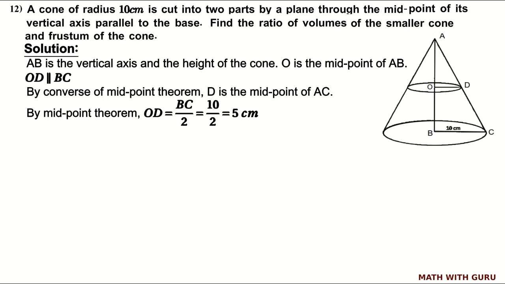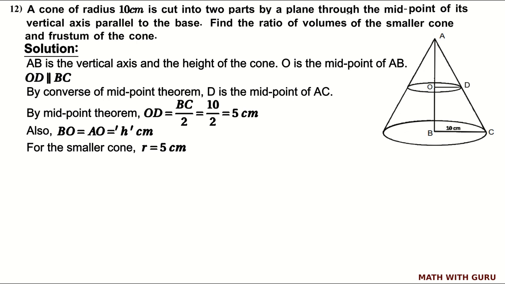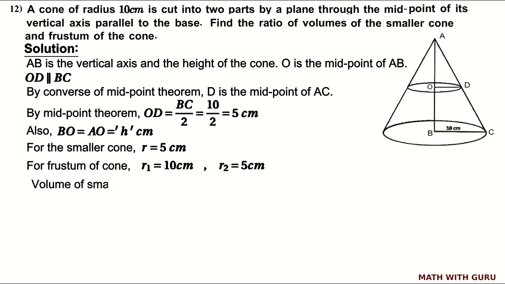By midpoint theorem, OD equals BC over 2 equals 10 by 2 equals 5 centimeters. Also, BO equals AO equals H centimeters. For the smaller cone, R equals 5 centimeters. For frustum of cone, R1 equals 10 centimeters, R2 equals 5 centimeters.